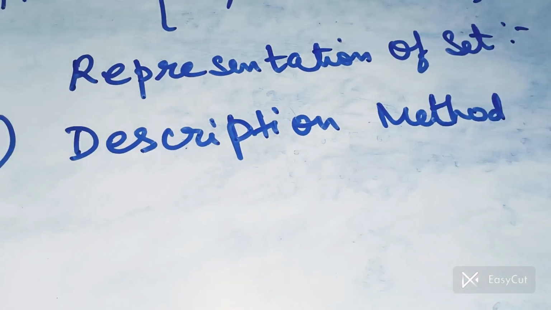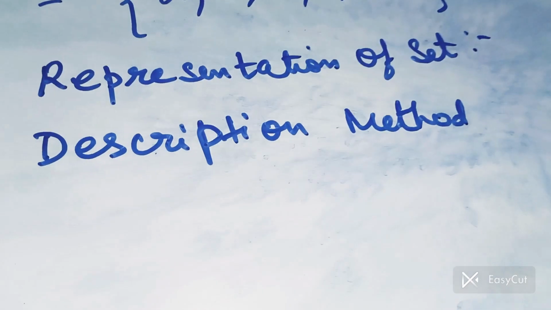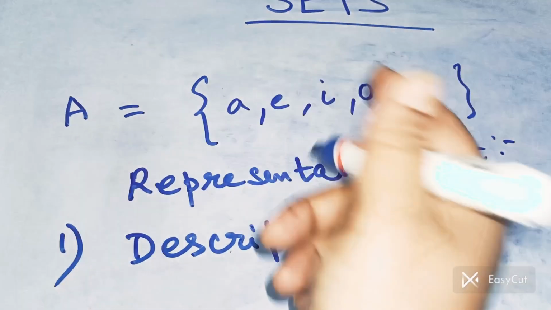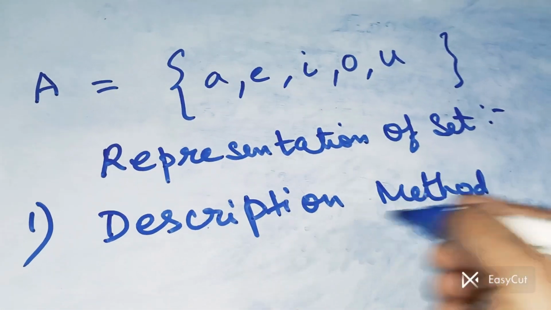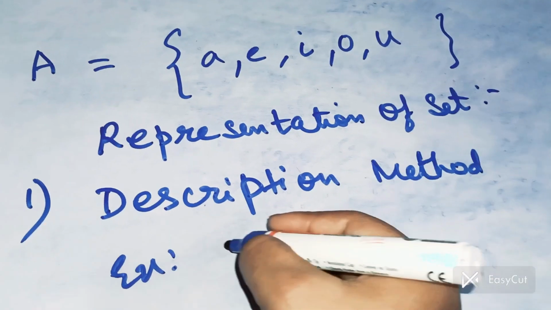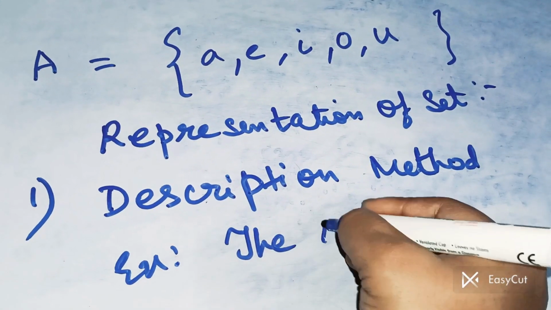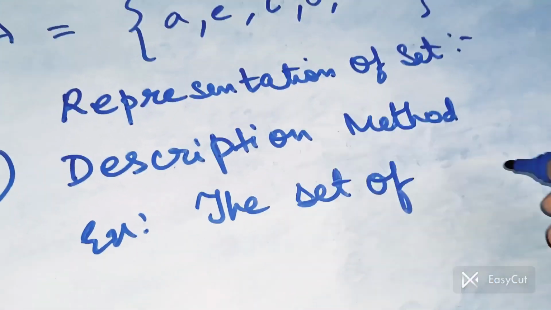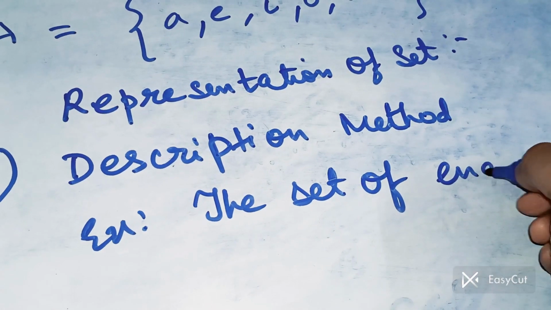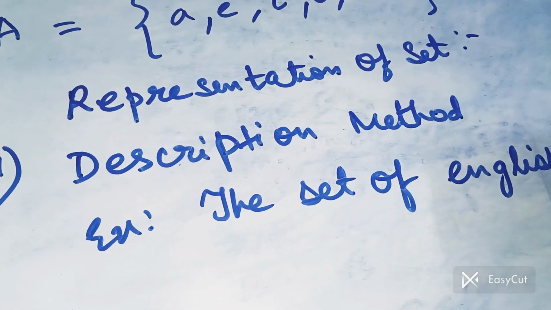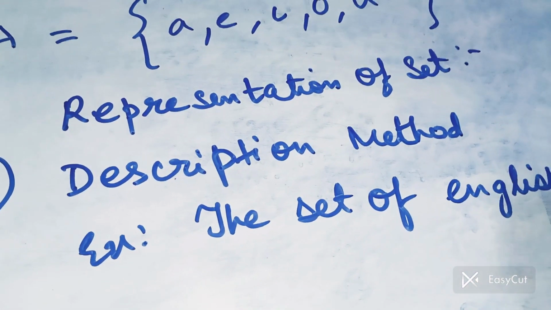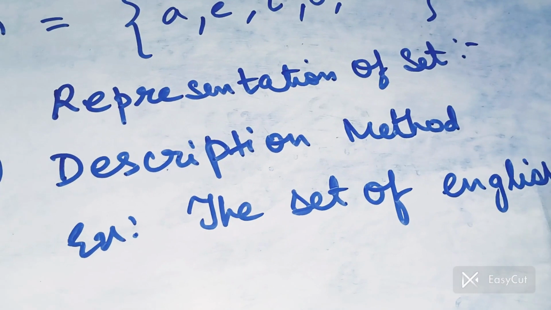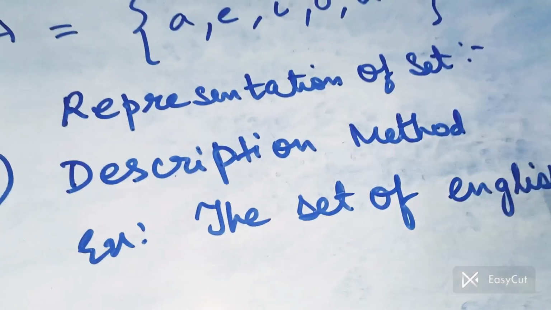Description method means when we are writing the set of letters of the English alphabet in a sentence. Example, if you are writing the set of English alphabets, what will be the set?